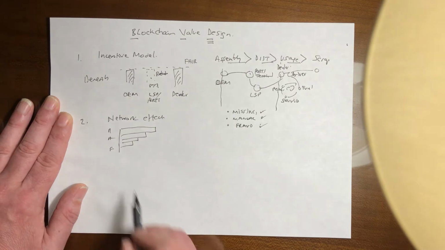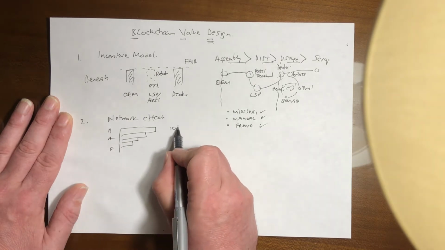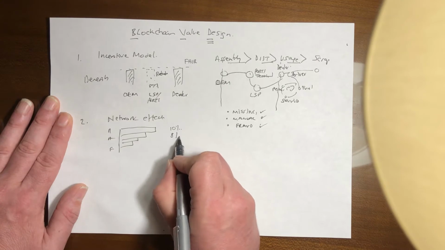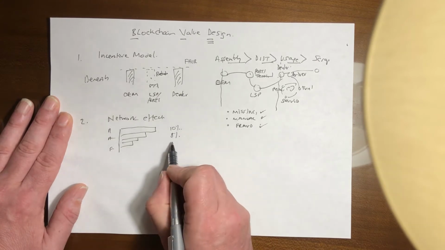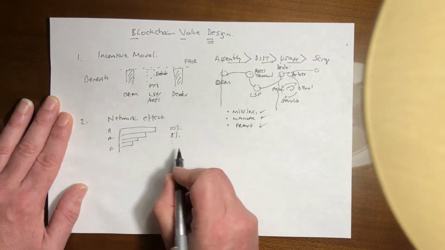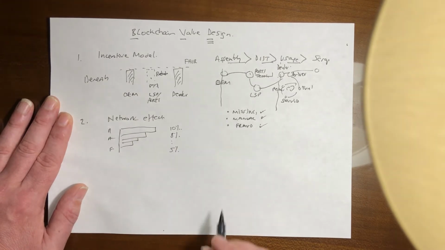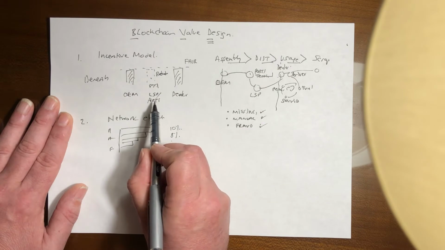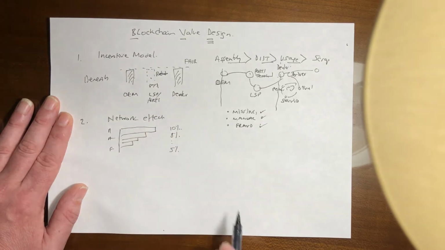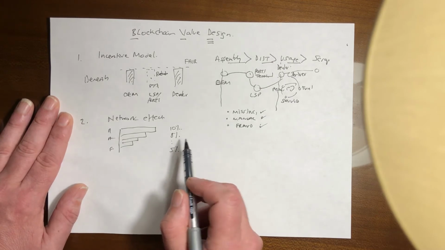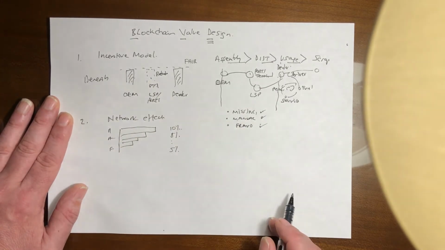Maybe Rotterdam has 10-20% of the market, Amsterdam is maybe 8%, Antwerp is maybe 8%, and then a smaller port like Felixstowe is maybe 5%. Now, if I want to get Rotterdam or any of these ports to participate, then I need to have enough traffic going through their port to make it worth their while.